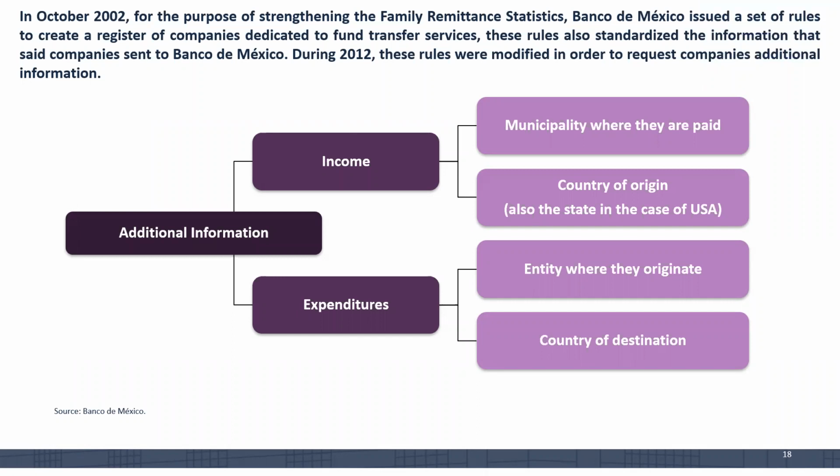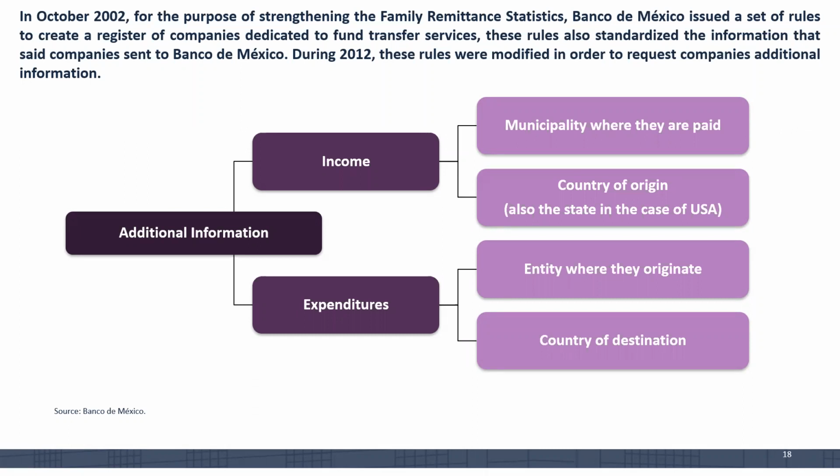Currently, there are various financial institutions that offer international transfer services, like banks, credit unions, post offices, and chain stores that act as independent operators or correspondents for money transfer. In 2002, Banco de Mexico issued a set of rules in order to extract remittances statistics, in particular by creating a national register of companies dedicated to fund transfer services.